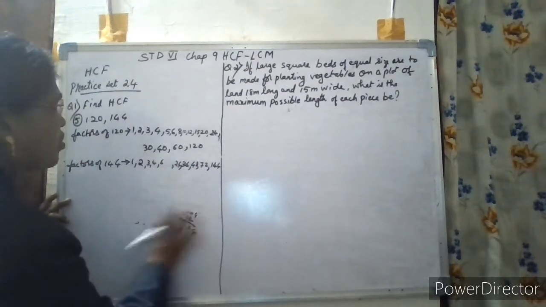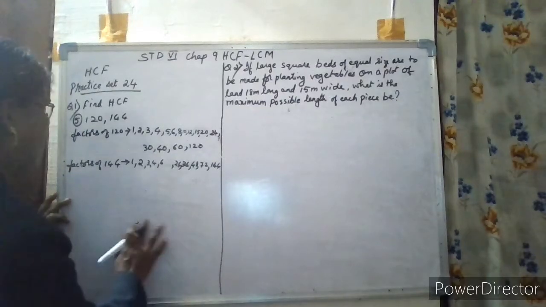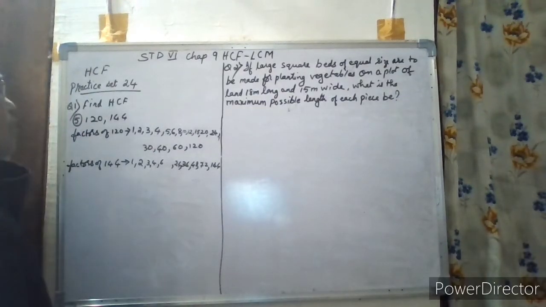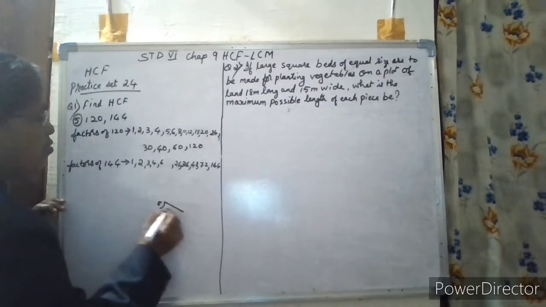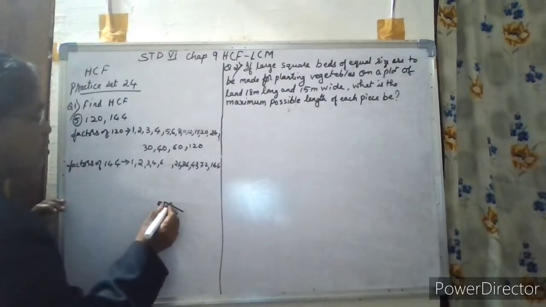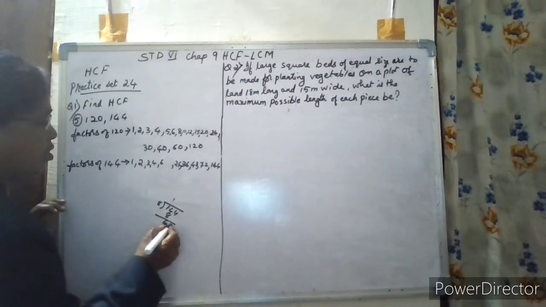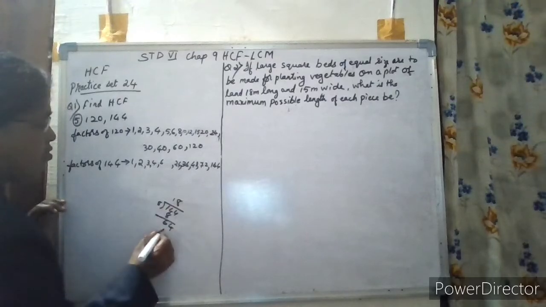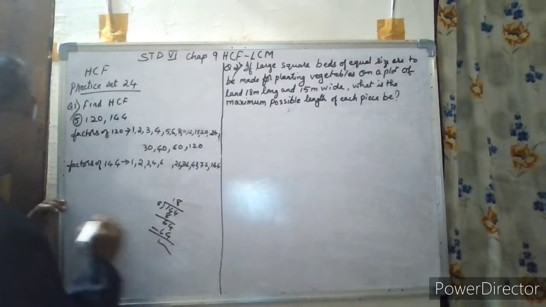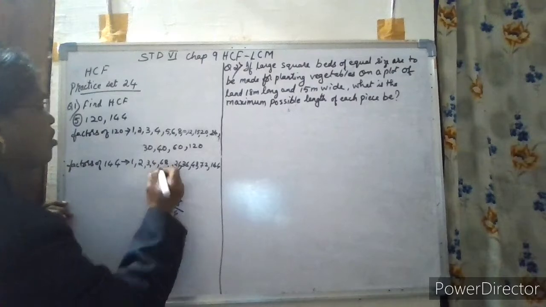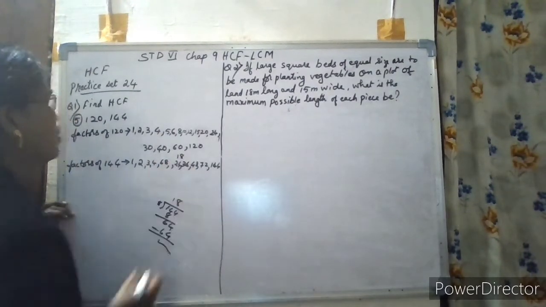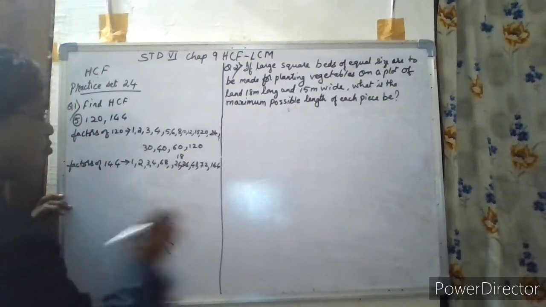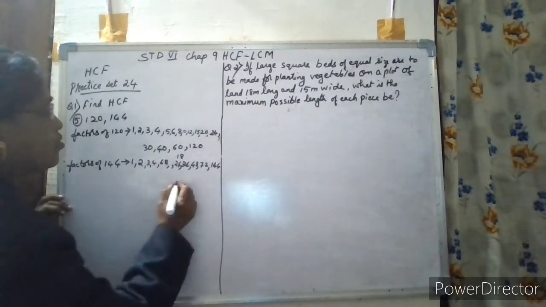Then 7 won't come. 8: 144 divided by 8 is 18, so 8 and 18.